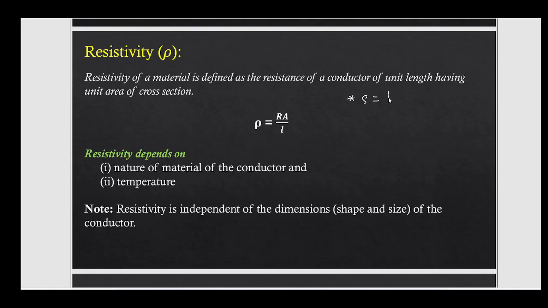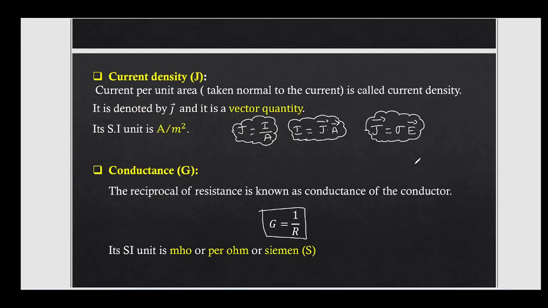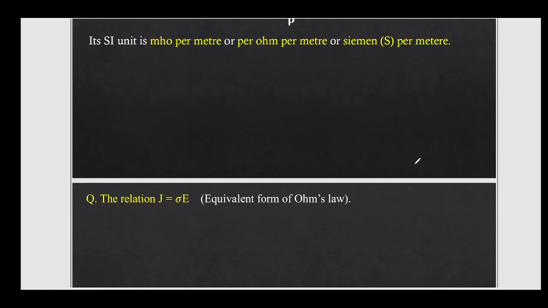One is rho is equal to RA by L. So rho is equal to rho naught into 1 plus alpha into delta T is also there. Resistance is reciprocal of conductance. Resistivity is reciprocal of conductivity. Okay, so that is one thing.